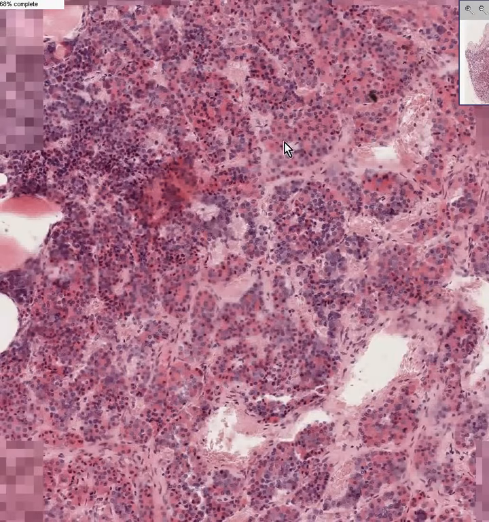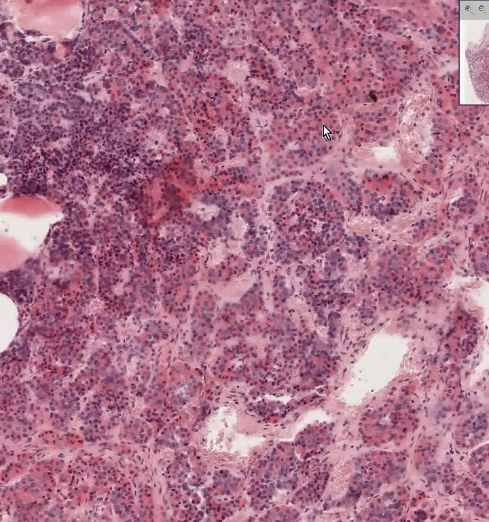Here's a group of acidophils here. The acidophils make all of the hormones of the anterior pituitary, except for the hormones which troph, T-R-O-P-H, or stimulate the thyroid, the adrenal, and the sex glands, the sex tissue.